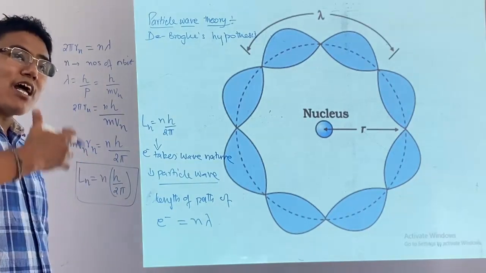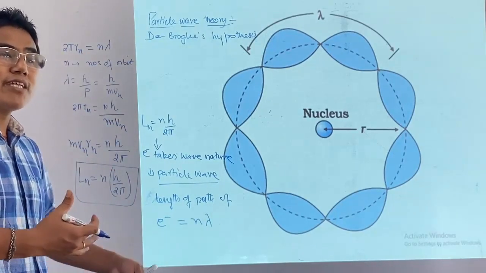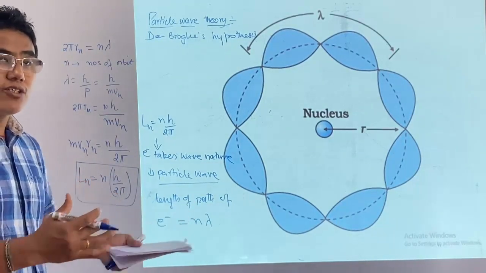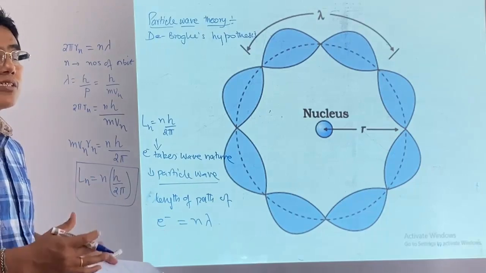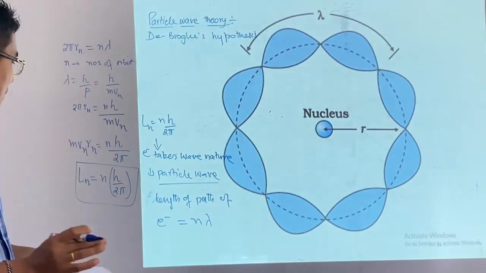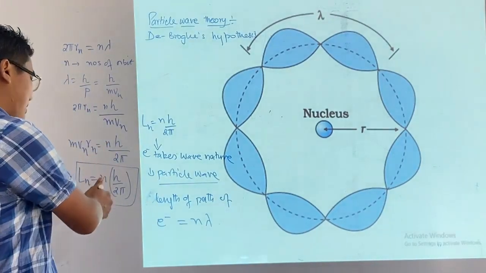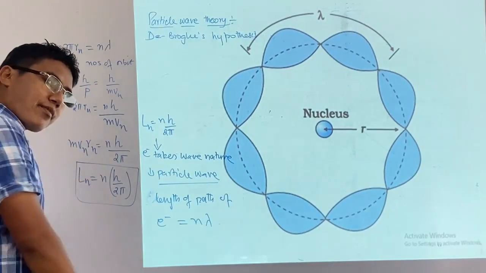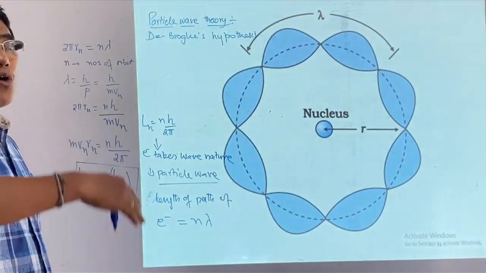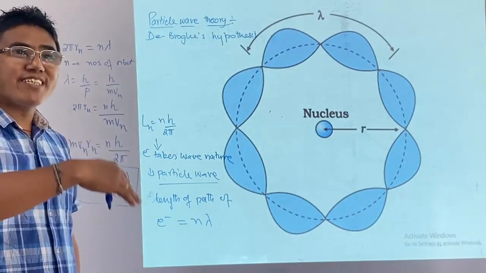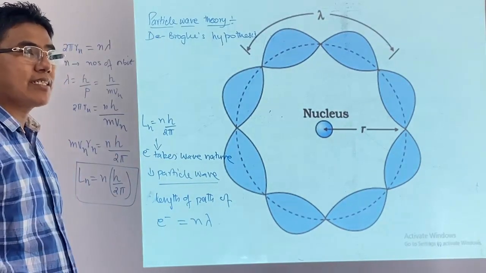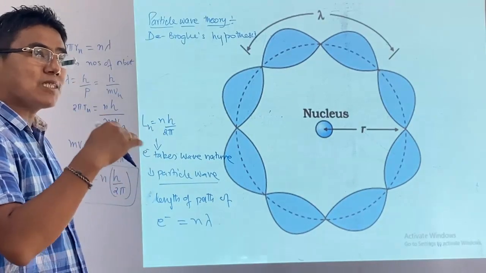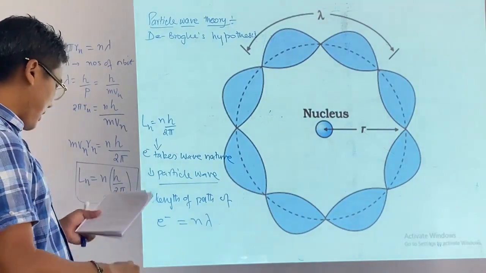When the electron is going around the nucleus, the electron takes the particle wave nature, and under resonance, the electron exists in an orbit. So therefore the electron can take this angular momentum, right? So therefore the electron cannot take arbitrary orbits, right? So the electron can take only some specific orbits, right? This is the reason.